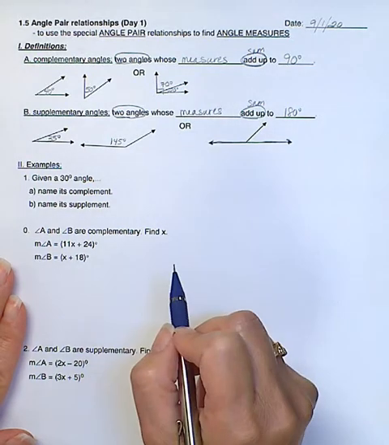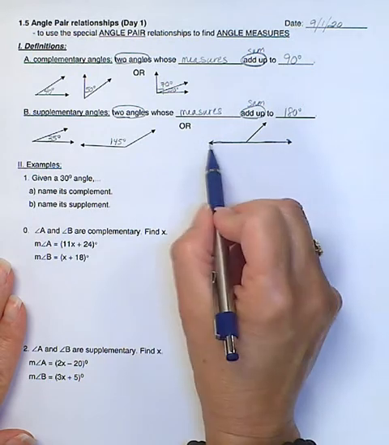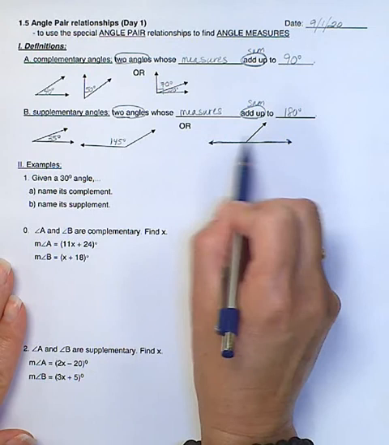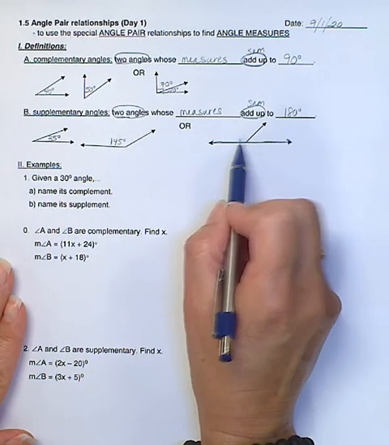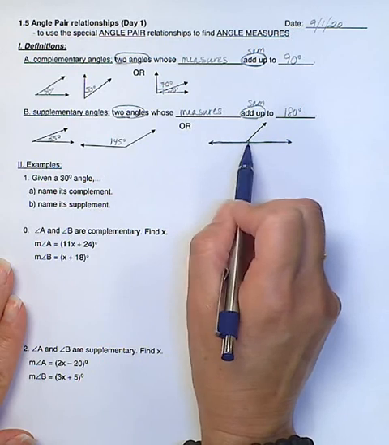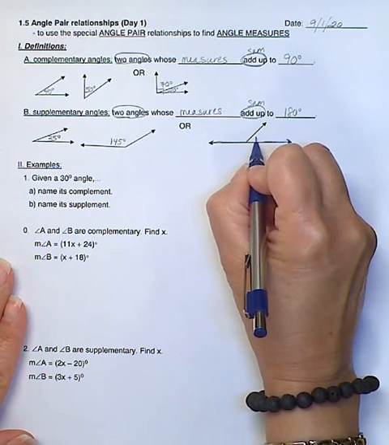So let's say that this angle right here was 40 degrees, then the other angle would have to be 140 degrees to be supplementary. So if two angles add up to 90, they're complementary. If two angles add up to 180, they're supplementary.